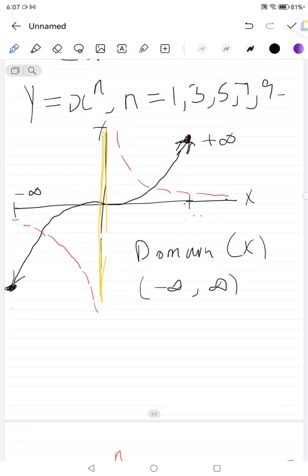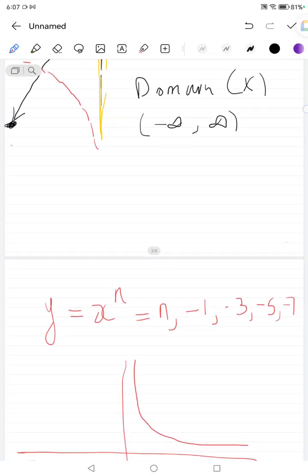So overall, you've only dealt with two types of graphs, but you've broken them into two. We had our x to the exponent n, where we had even numbers like 2, 4, 6. Then this side we had the reflection, x to the exponent n, where we had the -2, the -4.